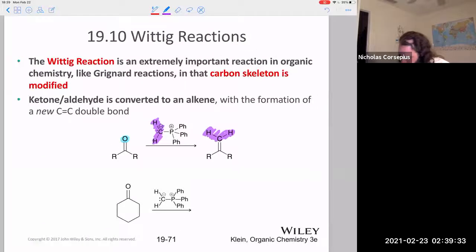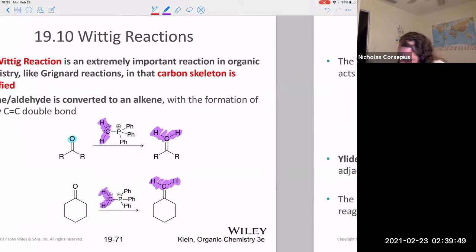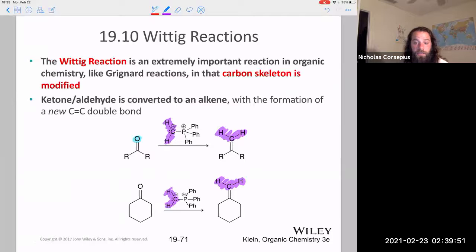Okay, so same thing down here. What would you expect for the product? Again, taking this carbon from our ylide and completely replacing that ketone oxygen, leaving us with an alkene.